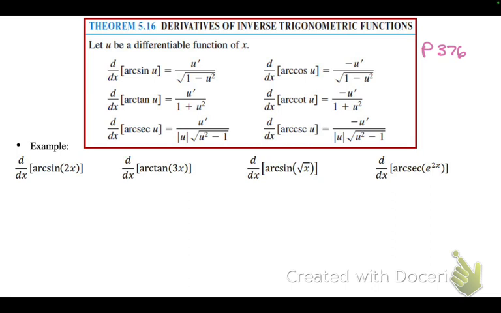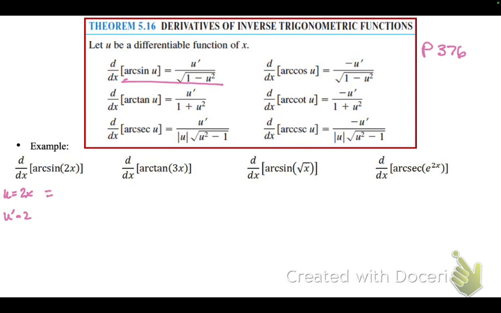Okay, so we have arc sine of 2x. So arc sine of u. What is u? 2x. And we're going to need a u prime, which is 2. So we just plug it into the equation.